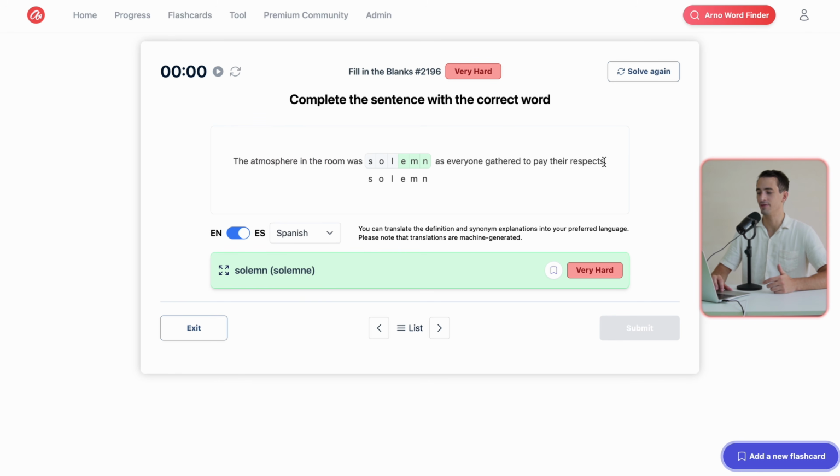Then the second clue was here, as everyone gathered to pay their respects. This is an idiom, a very specific idiom or expression that we use in English when describing funerals.